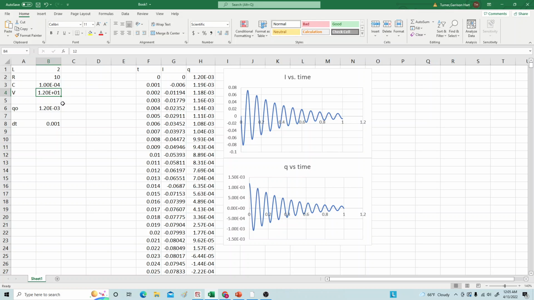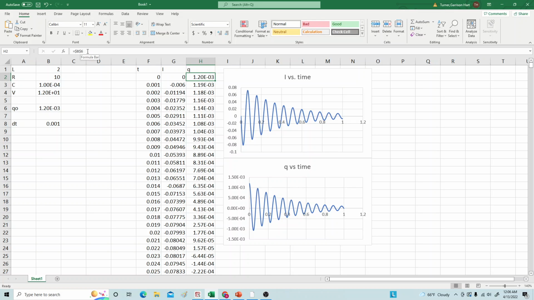Okay, so with that in mind, I can calculate the initial charge on the plates by multiplying the voltage by the capacitance. Remember, Q is equal to CV. So this is just taking the capacitance multiplied by the voltage to get the initial charge. And this is the value that I've set the initial amount of charge to.